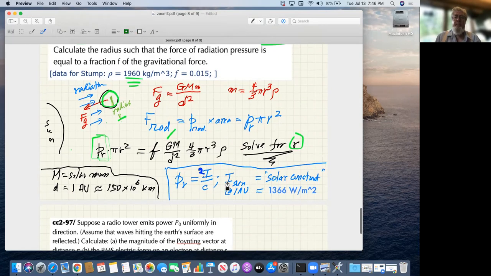Well, the intensity of light from the sun at the distance to the Earth is called the solar constant. This is the intensity of sunlight hitting the Earth. Remember, intensity is power per unit area. So the solar constant is approximately 1,400, a little closer, 1,366 watts per meter squared.